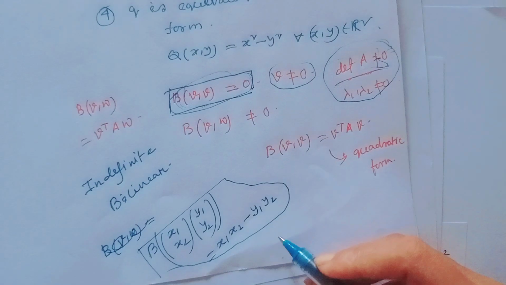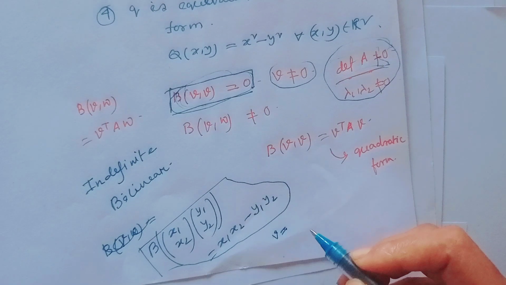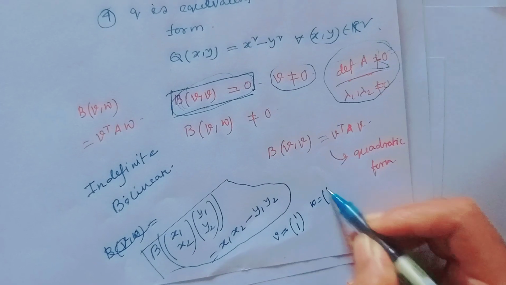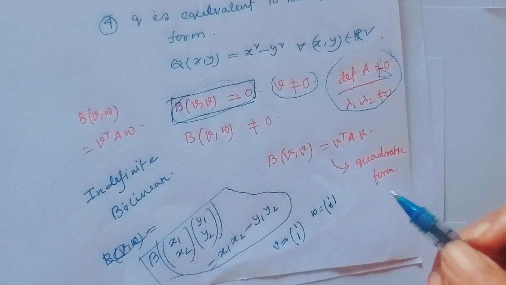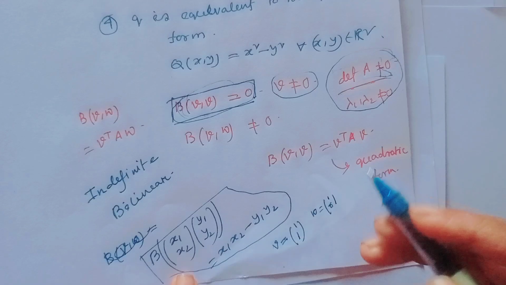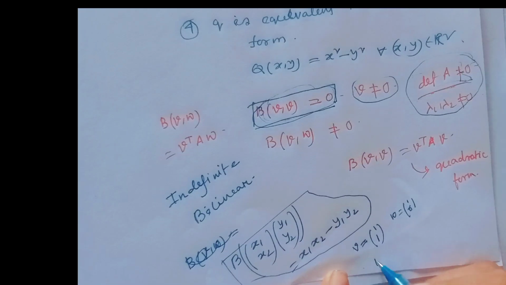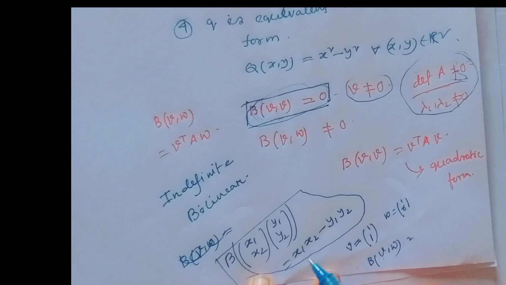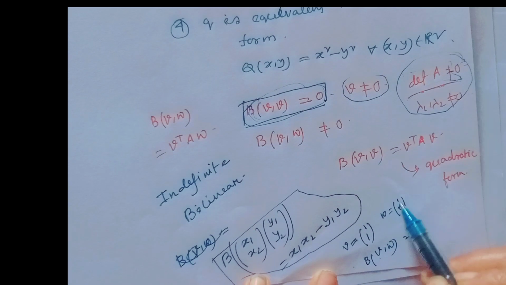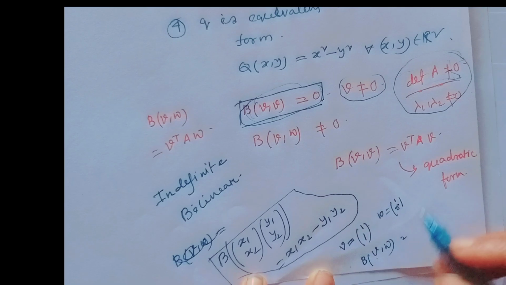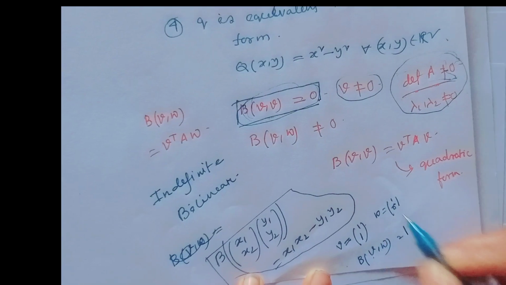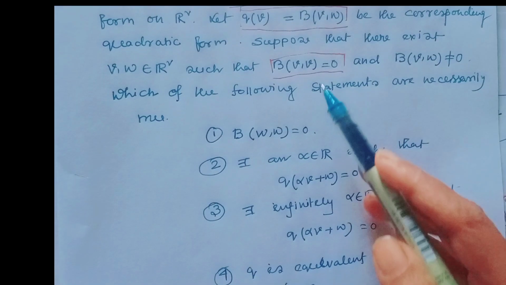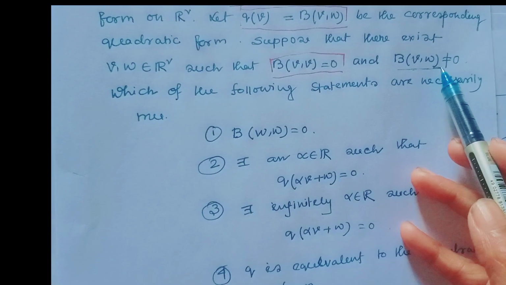And if you consider v equal to (1, 1) and w equal to (1, 0), then b of v, w equal to 1 times 1 minus 1 times 0, this would be 1, so this would be satisfied. b of v, w not equal to 0.